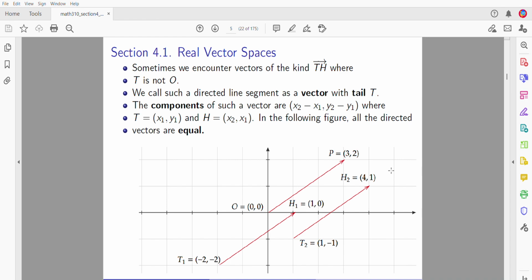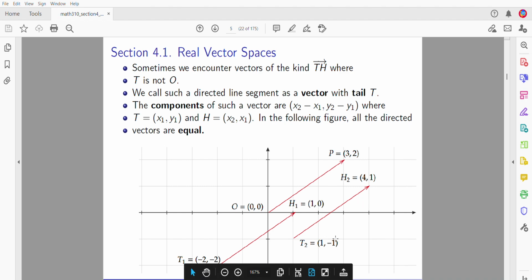So let's figure this out. This vector has components 3 minus 0, 2 minus 0. In other words, (3, 2) is the component of this vector. What about the vector here? 1 minus negative 2 is positive 3, and 0 minus negative 2 is positive 2. So this vector also has components (3, 2). What about this vector? 4 minus 1 is 3, and 1 minus negative 1 is positive 2.